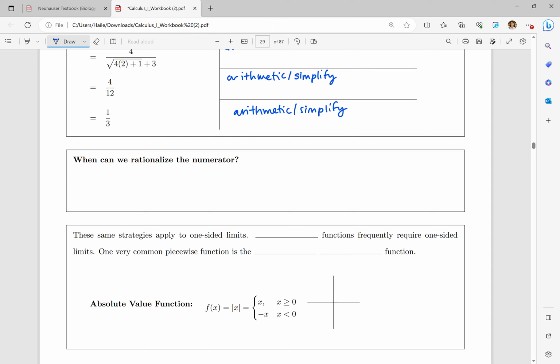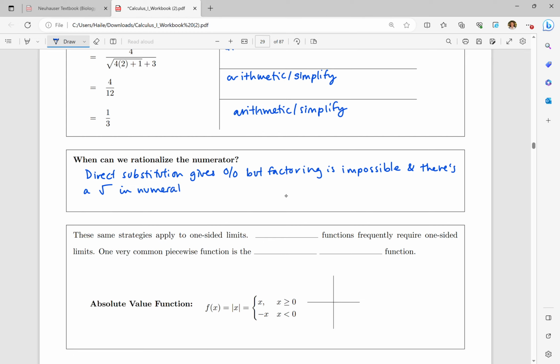Direct substitution gives 0 over 0, but factoring is impossible. And there's a square root in the numerator. So that's an important thing with rationalizing. If we don't have a square root, we can't rationalize.